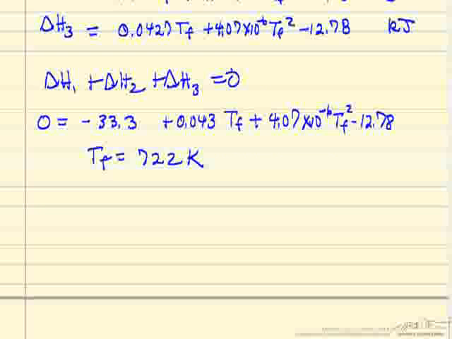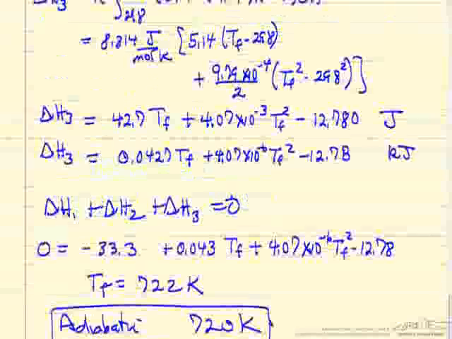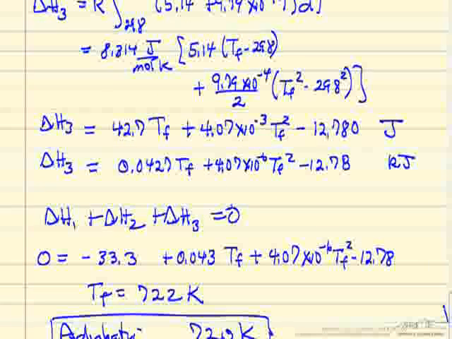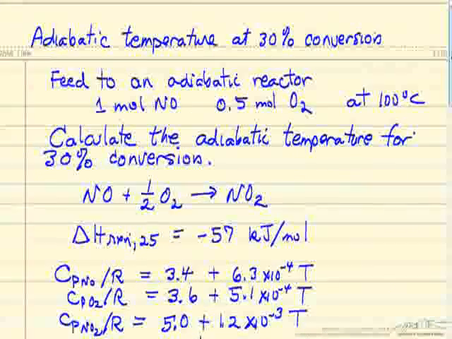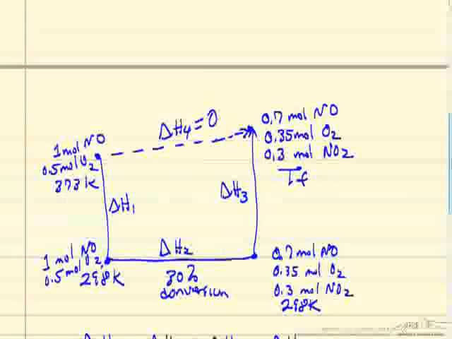The adiabatic temperature is around 720 Kelvin for this problem where we have 30% conversion. It's certainly higher than our starting temperature, as we'd expect for an exothermic reaction. What we've done is take advantage of state functions to calculate the temperature, because adiabatic means delta H is 0, and we've just added up these three delta H terms in this calculation.